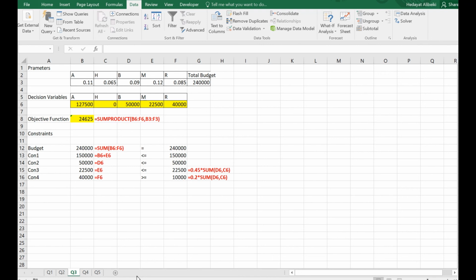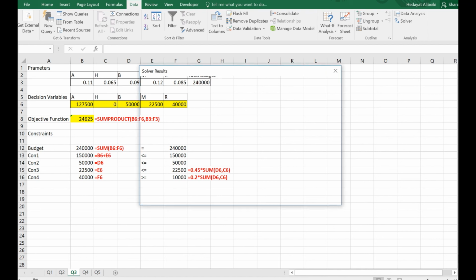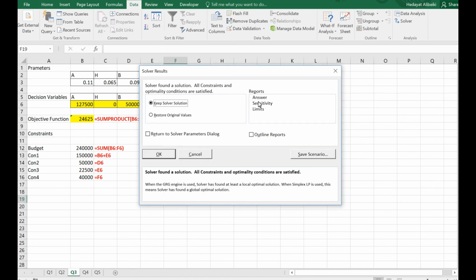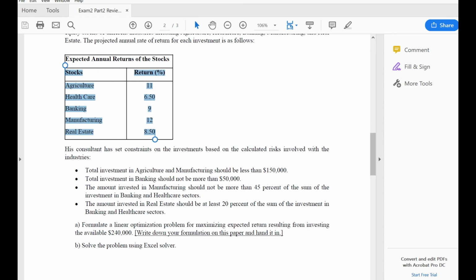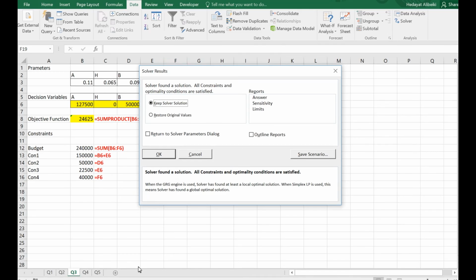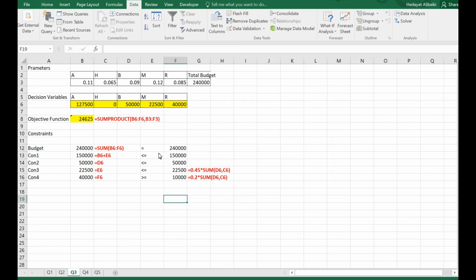You can actually add a sensitivity or answer report, but since the question didn't ask us to, it actually asked to solve using Excel, you're not required to add a sensitivity report. But you may, depending on the case, depending on the question. If you want to do that, you just select from here and press OK. But technically we don't want any extra sheets.